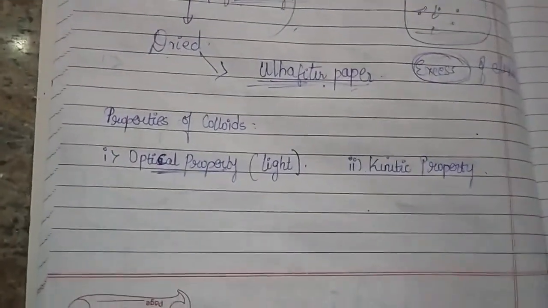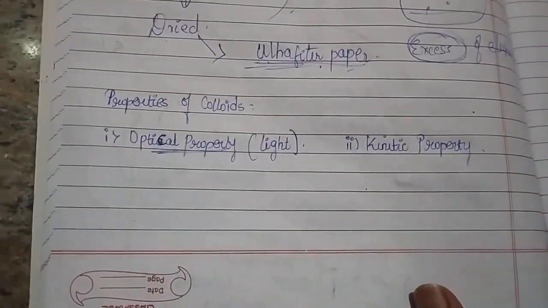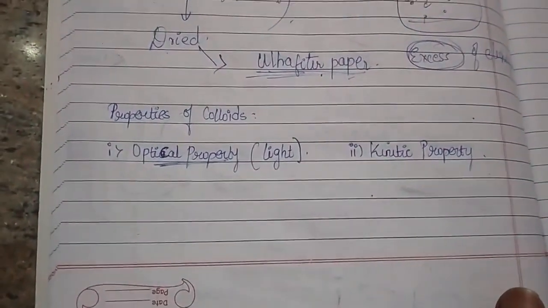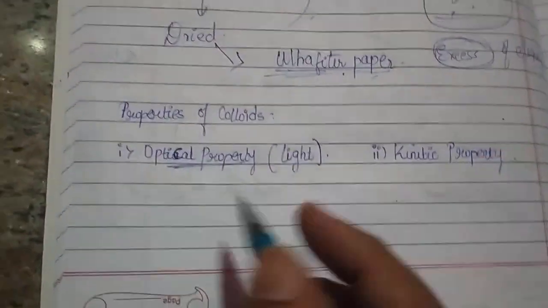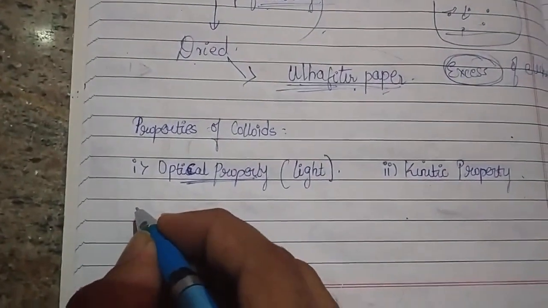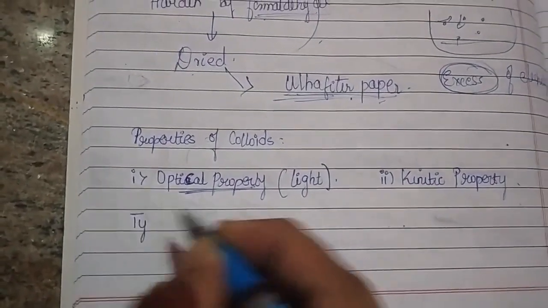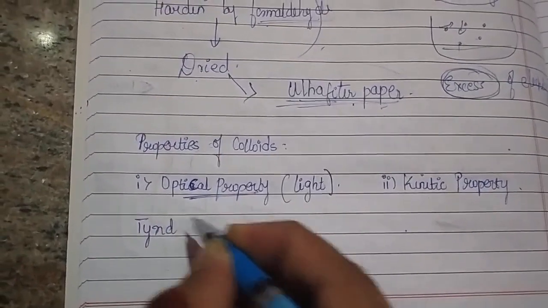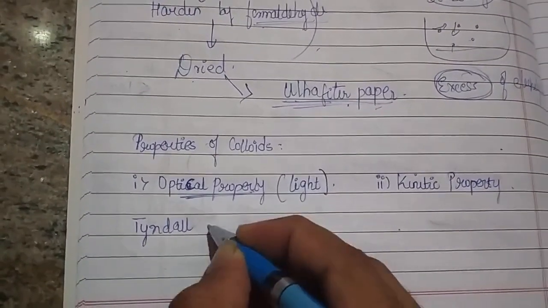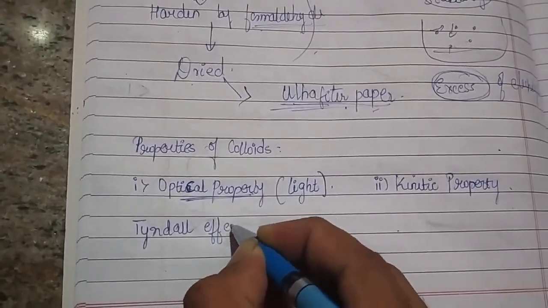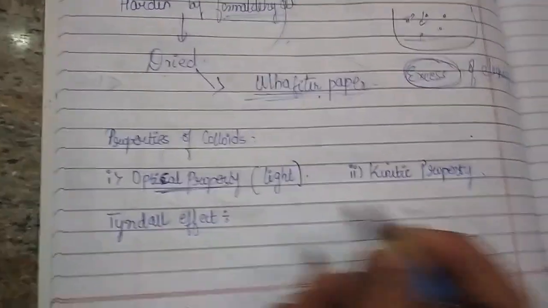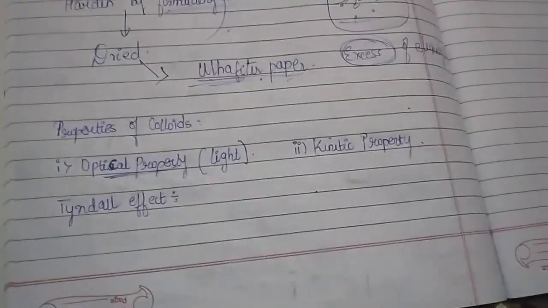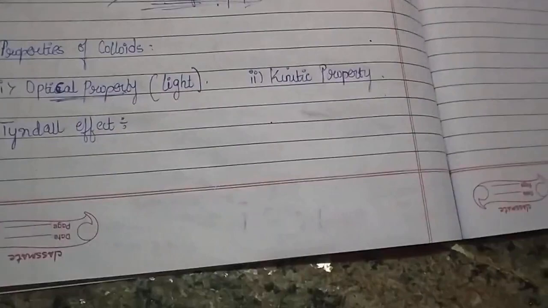First and foremost, I would like to deal with the optical property. Basically, this optical property is studied under the heading called the Tyndall effect. What is it? Before going to the Tyndall effect, let me ask you a question.